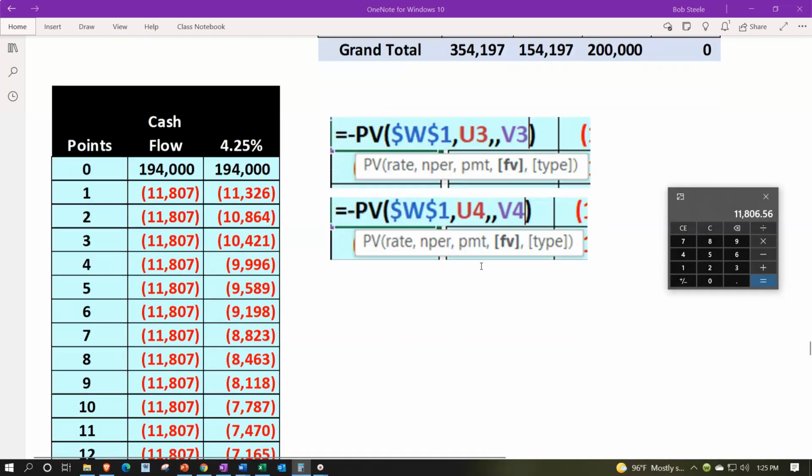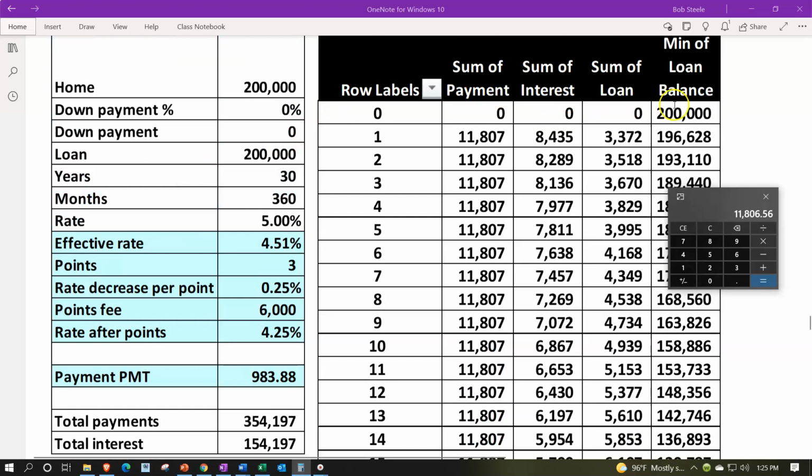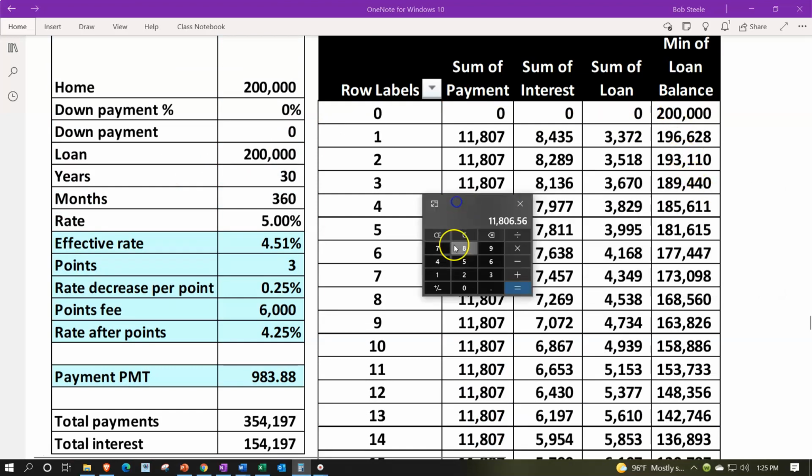If we do that and do our same calculation down below with the points involved to understand this IRR, this is where the twist comes in, because the cash flow in year 1 is not 200,000, even though that's what we put into the amortization table. That's what we're amortizing, but really we got 200,000 in order to pay off the home, and then we had to pay 6,000, which is not included in the loan, but we had to pay it.